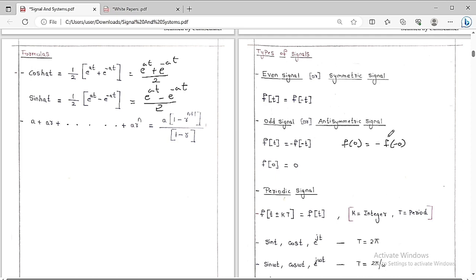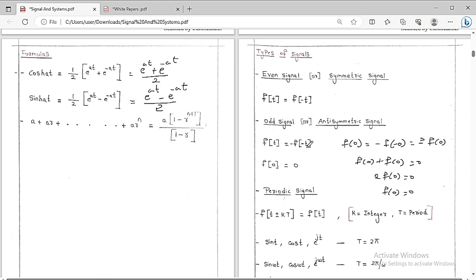There is nothing like minus 0, so it becomes minus of f of 0 only. So f of 0 plus f of 0 is equal to 0, so 2 into f of 0 is equal to 0, which means f of 0 is equal to 0. So I have already proved it here.